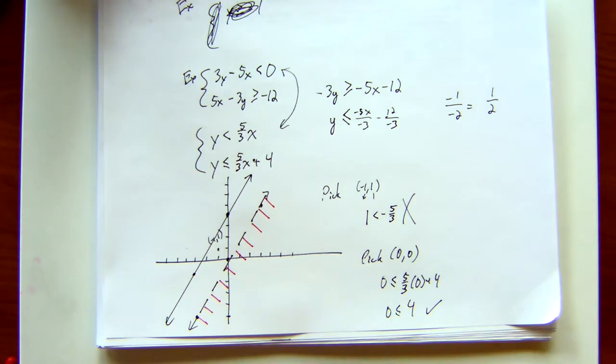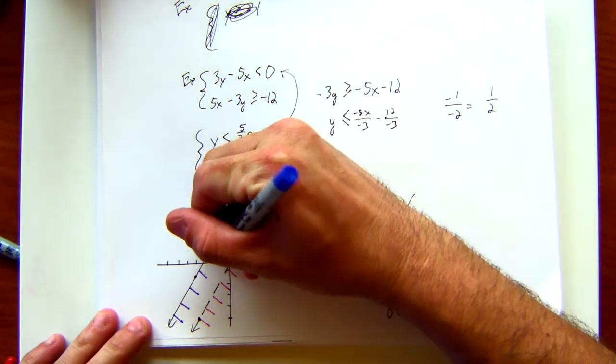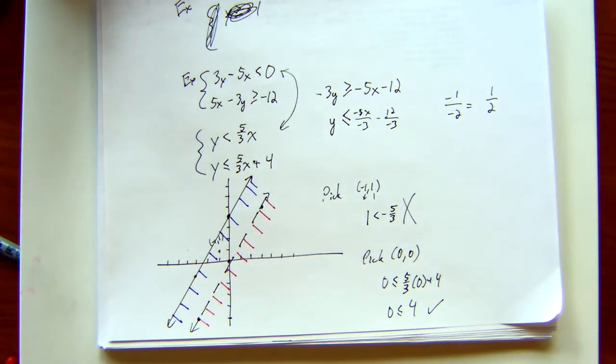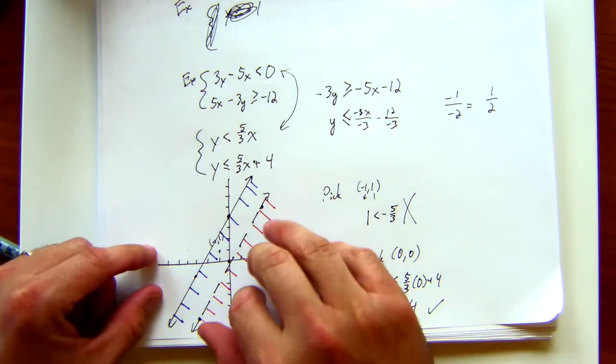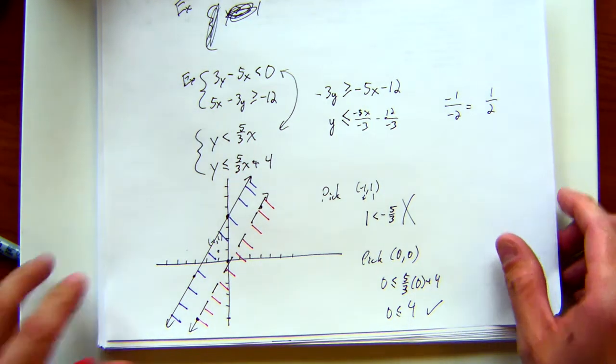Yes. So then I would shade in this side, again, the right-hand side of this line. Now what's the intersection of these two areas? Not quite all of it.